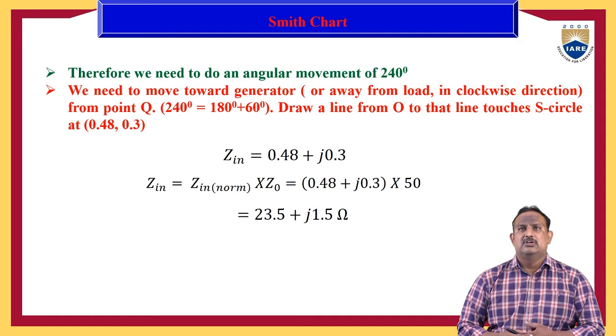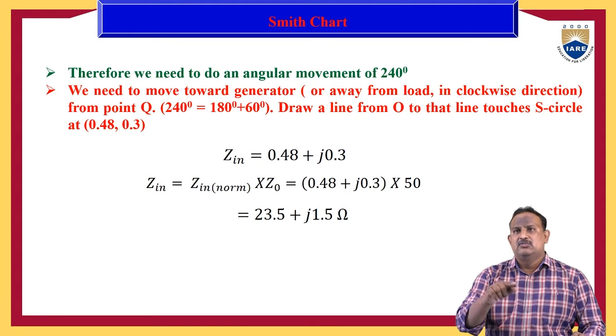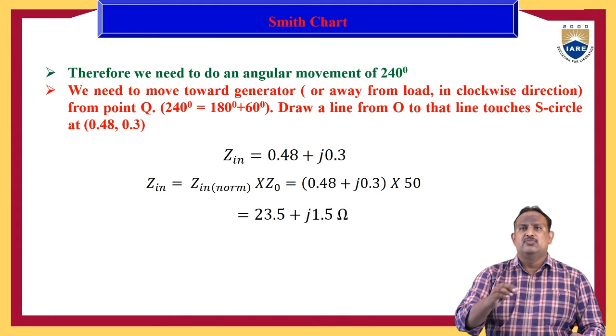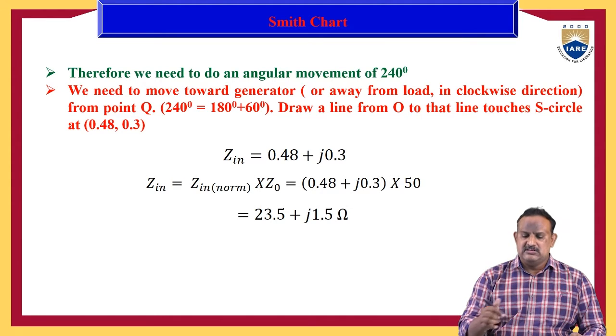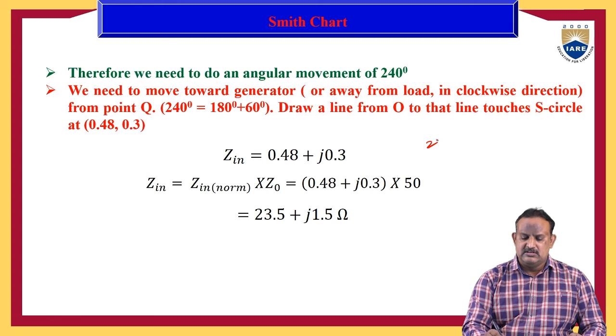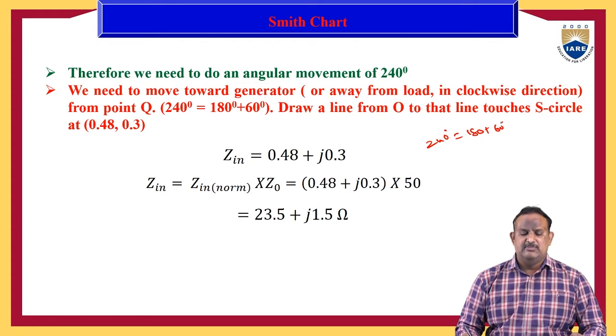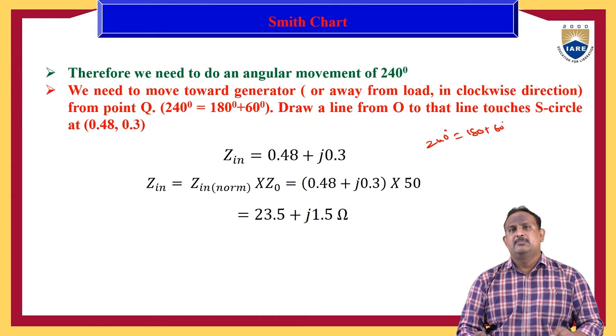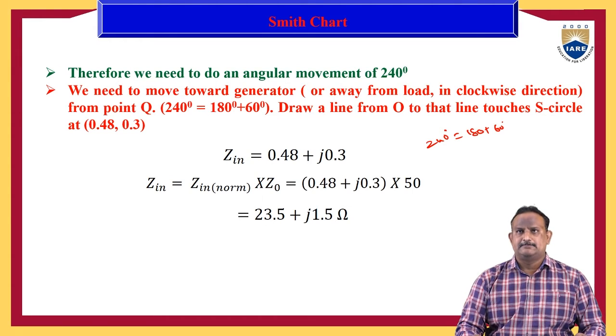Now we need to move by an angle of 240 degrees. So we need to move towards the generator, that is in the clockwise direction, away from the load, from point Q. With an angle of 240 degrees, which is nothing but 180 plus 60 degrees, then draw a line from O to that point, which touches the circle at 0.48, 0.3.